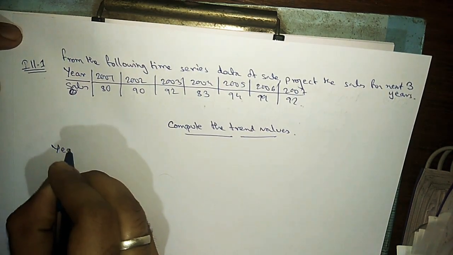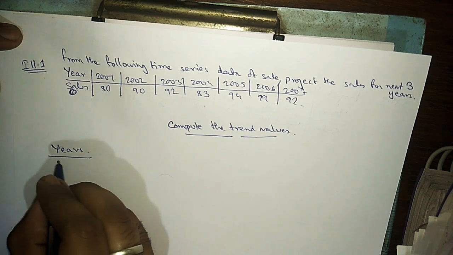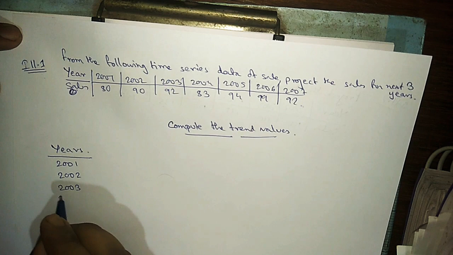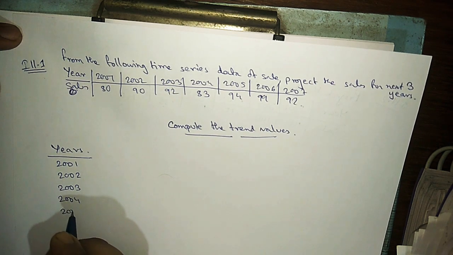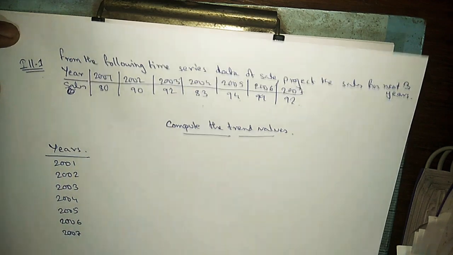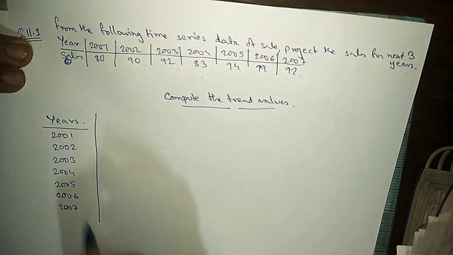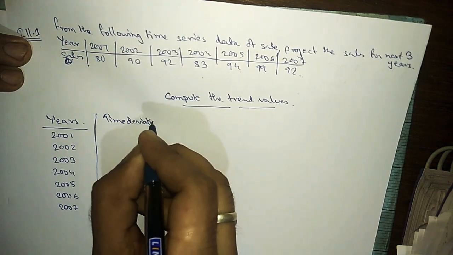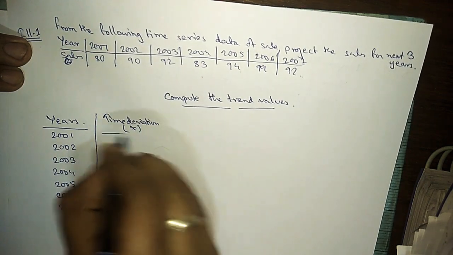So 2001, 2002, 2003, 4, 6, 7. Next column is of time deviation, which is x.